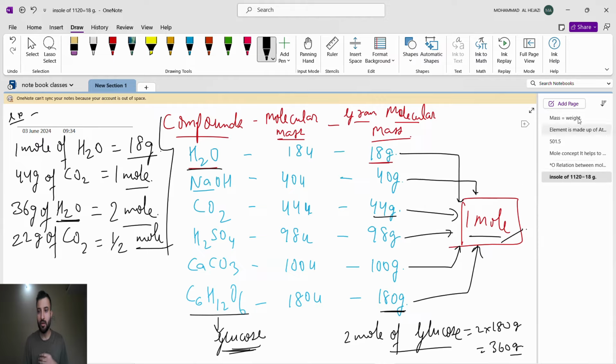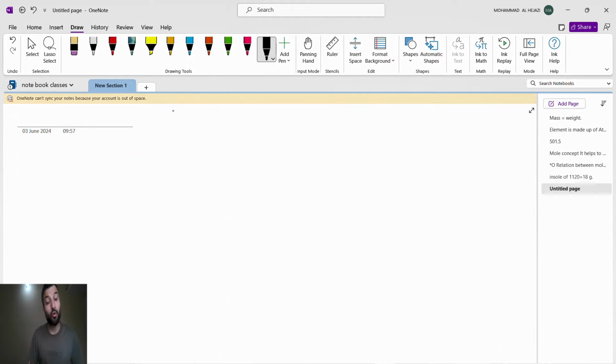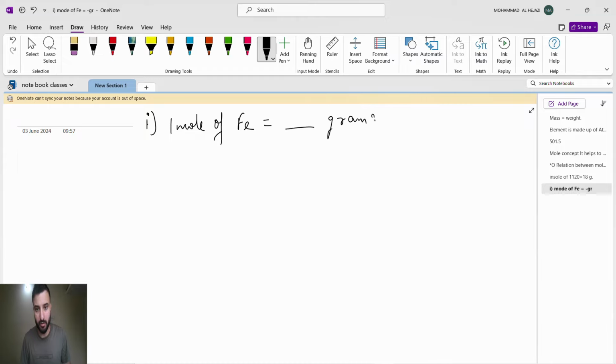Okay, now we will do a few more random examples. This also you have to write. 1 mole of Fe, how many grams? 1 mole of Fe means it is an element, iron.